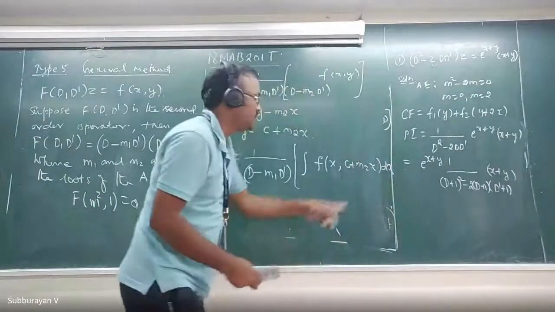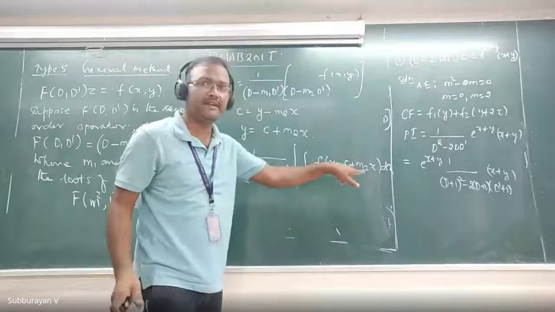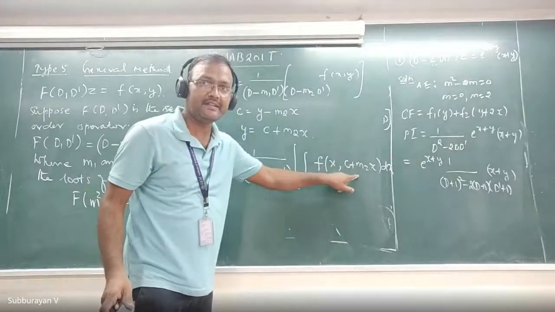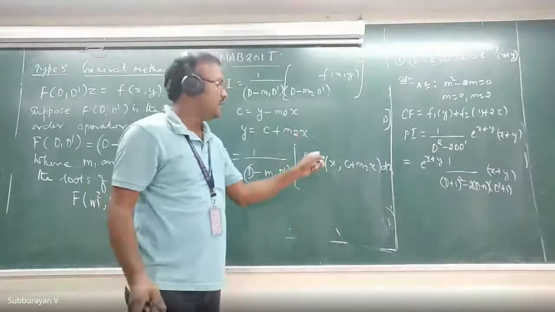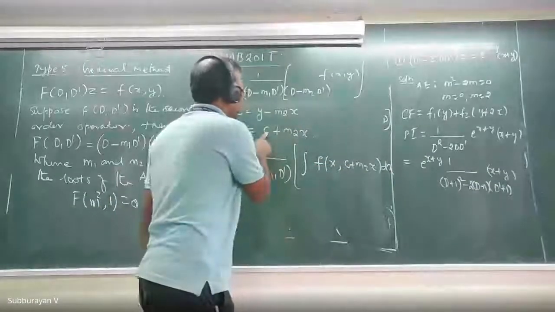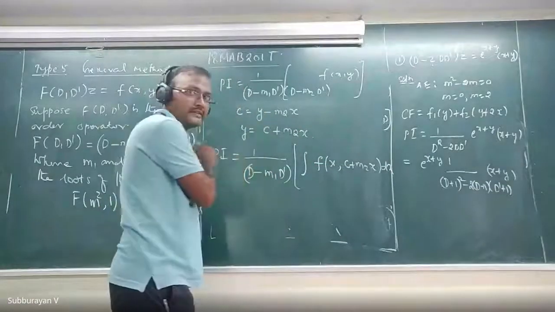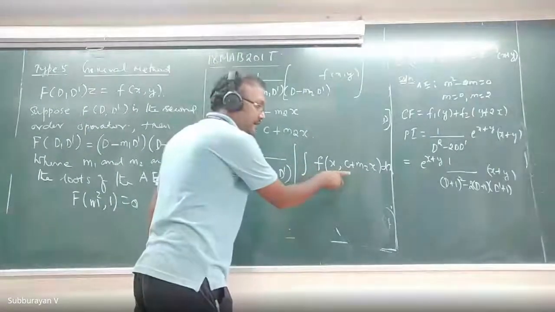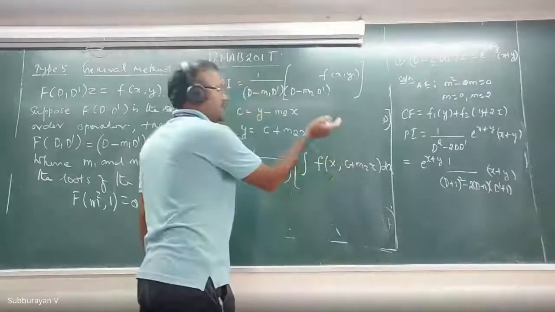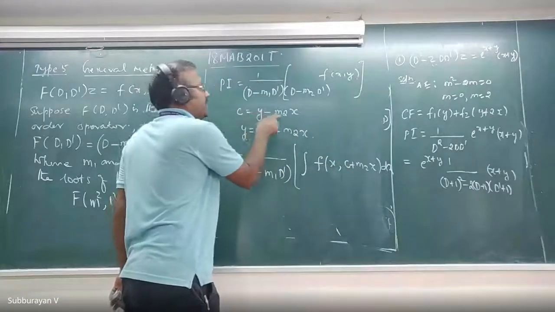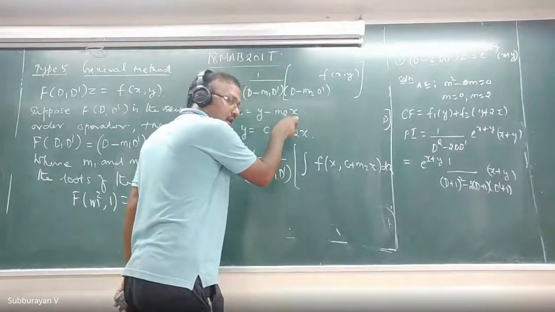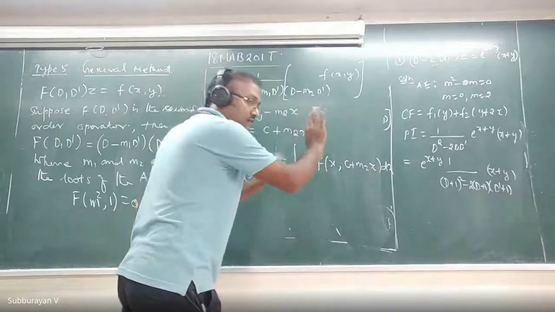Look at this, there is no y here. We can integrate this function with respect to x. After integrating this, you replace this c by y minus m2 x, which gives one function.